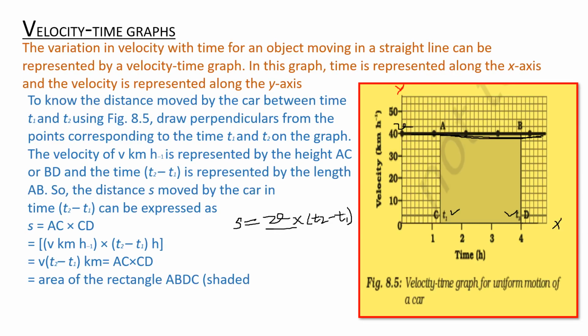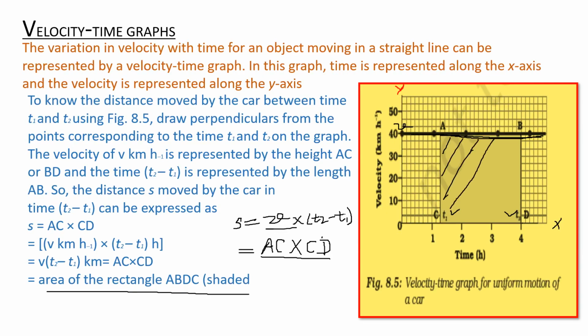So we can write it as AC and time interval is equal to CD. And this AC into CD is equal to the area of the rectangle ABDC. This shaded region shows the displacement undergone by the object or the car. So the area under the curve represents the displacement of the object.